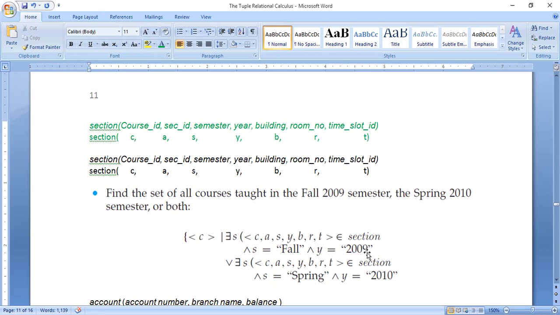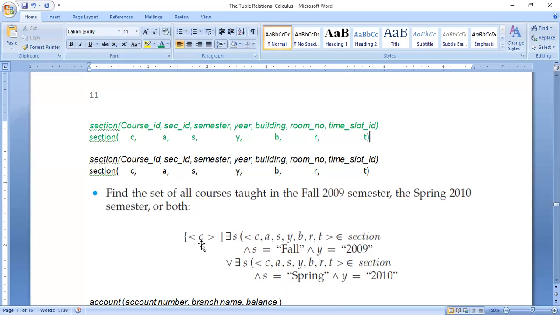So the year is required, and the semester and year can be used along with S. We can also write S and Y, or simply S, because even this will work. So there is nothing to confuse.